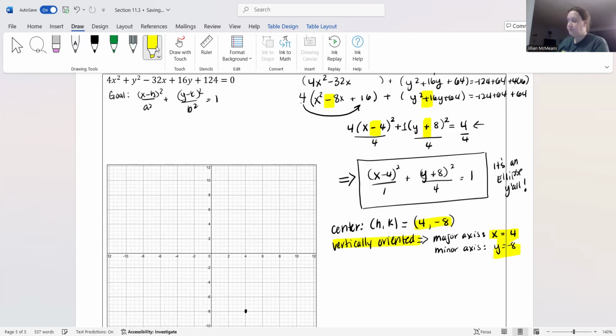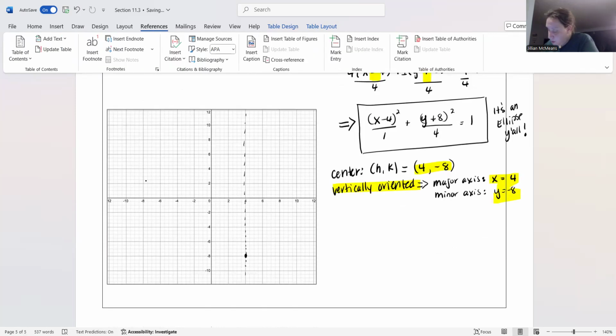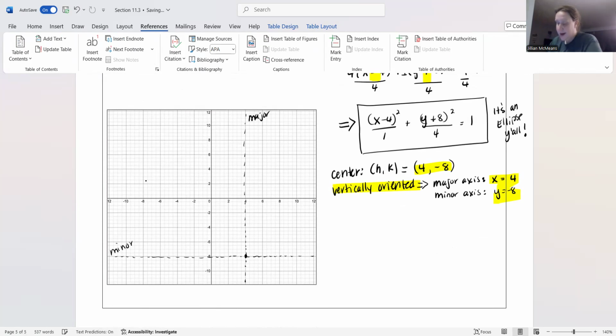We've got our center, and we know our major and our minor axis. So let's go ahead and label those. So the major axis is vertical. There we go. So this is the major axis. The minor axis is horizontal. So this one is minor. And we have our center.